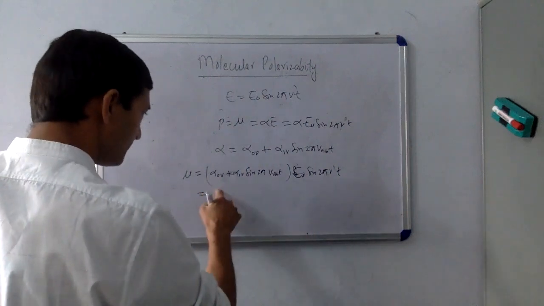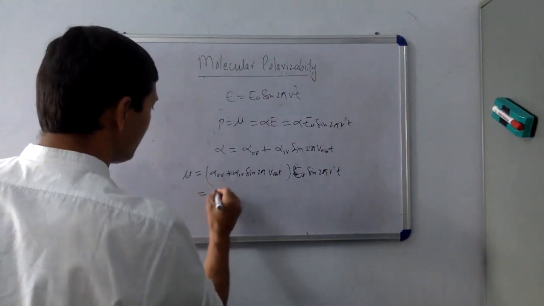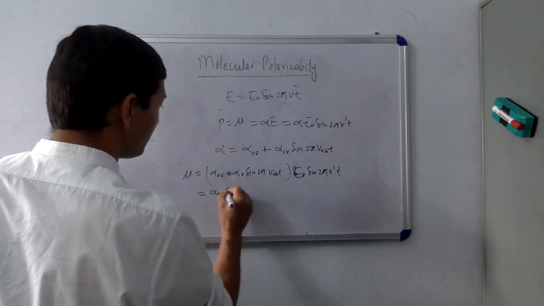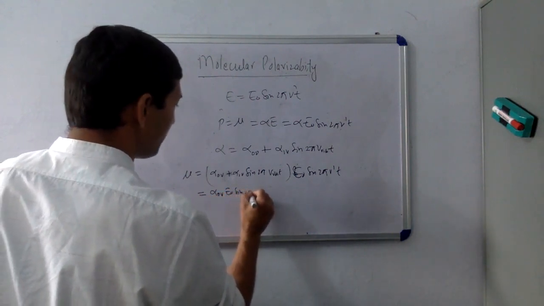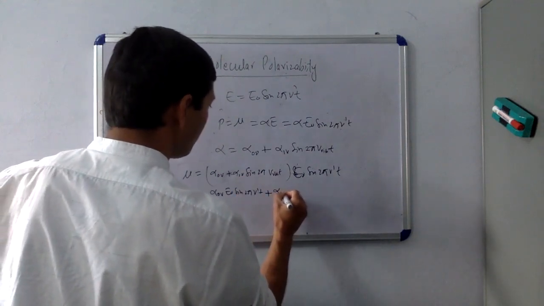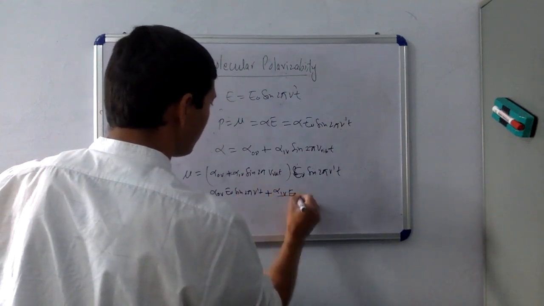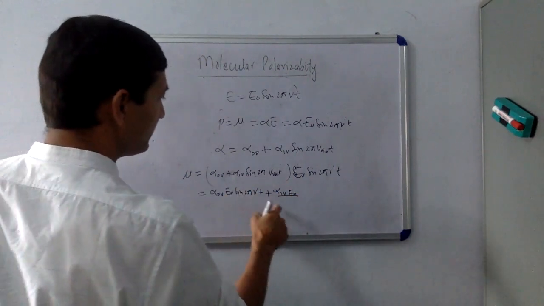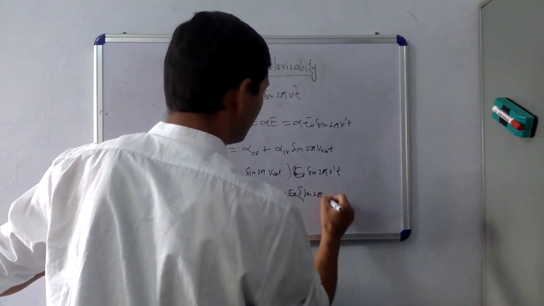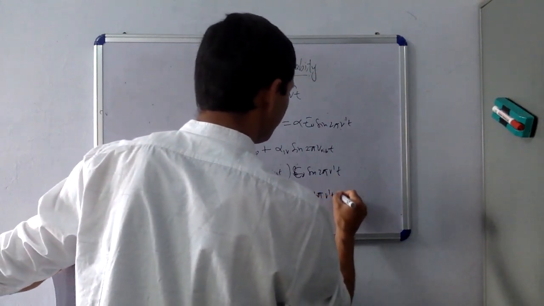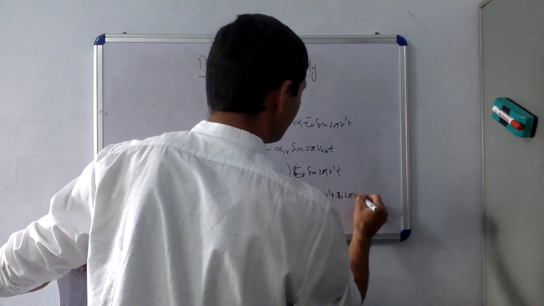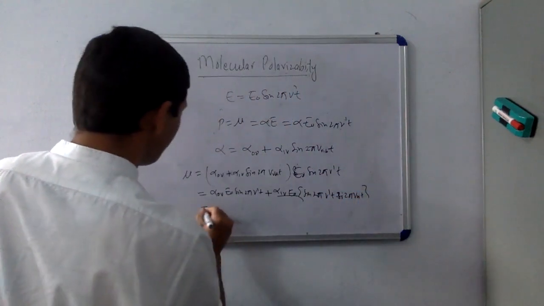Once you solve it, you get alpha naught E naught sine 2 pi nu prime t plus alpha 1 E naught times sine 2 pi nu prime t into sine 2 pi nu vibrational t.